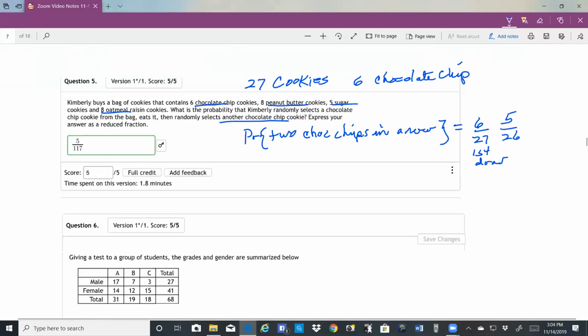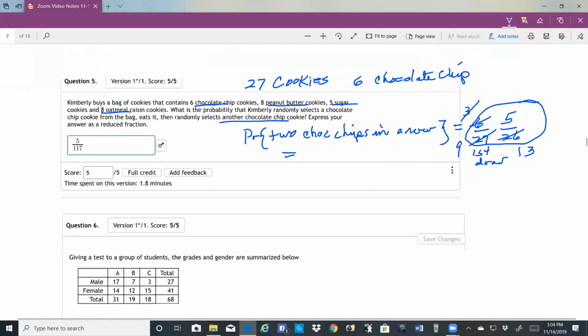So the probability is going to be the product of 6 over 27 times 5 over 26, which is equal to, let's go ahead and divide by 2, and then divide 3 into 27.